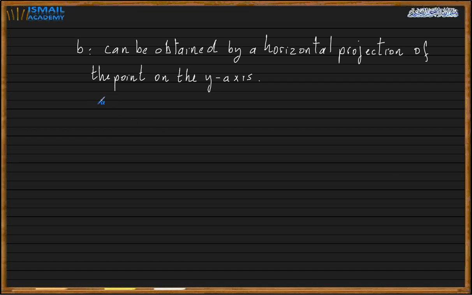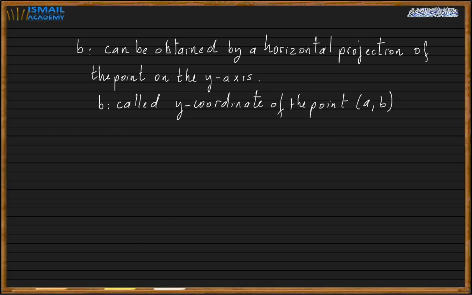And B is called the y coordinate of the point (A, B).